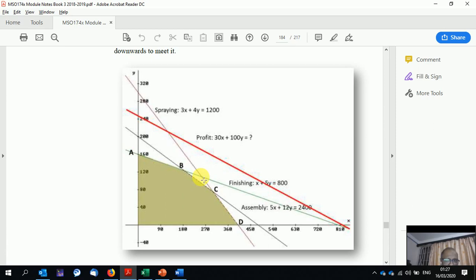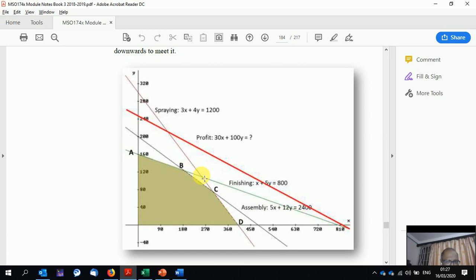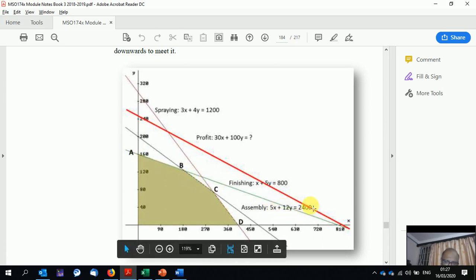So I can take these two coordinates, solve simultaneously, and put them in the equation of B, which is 5x plus 12y, and you will get the maximum and minimum for the right hand side.